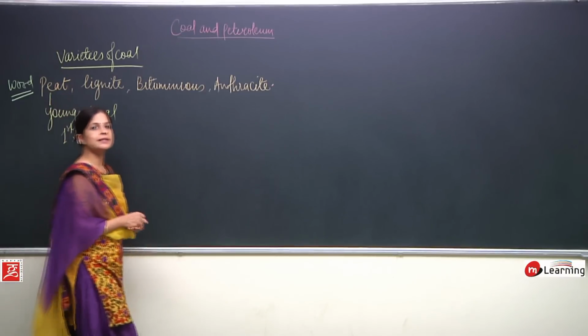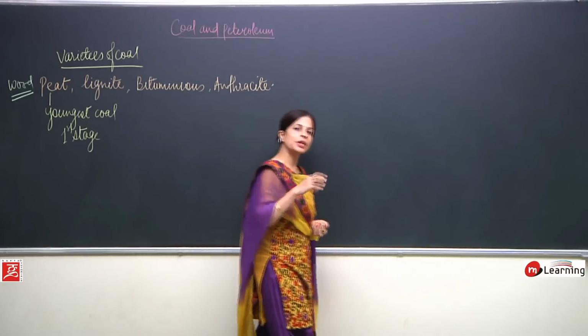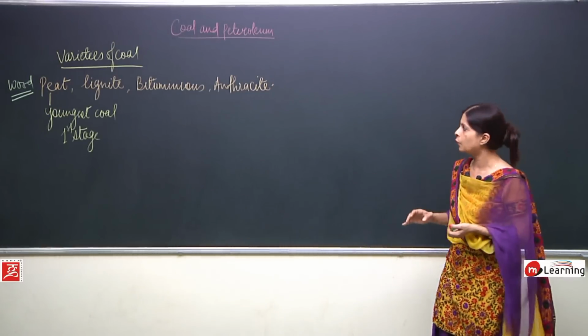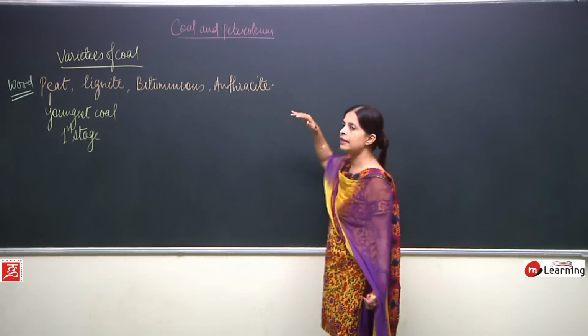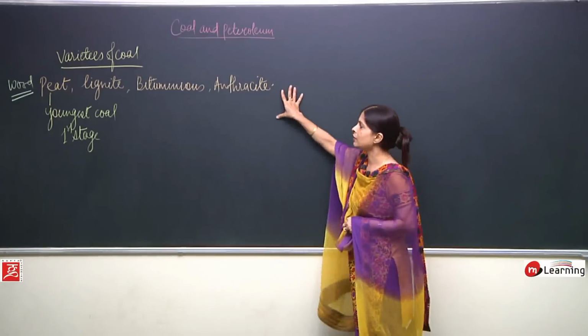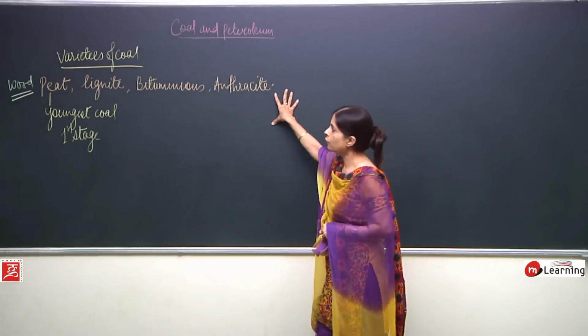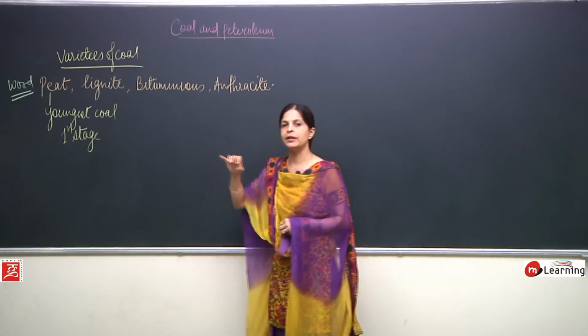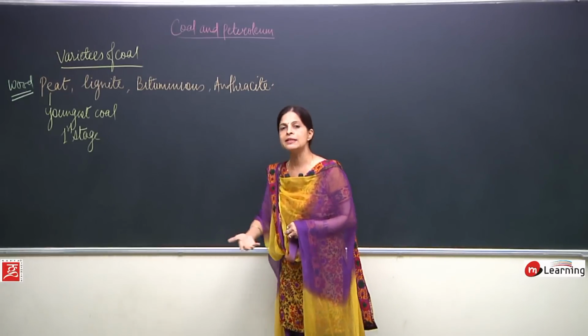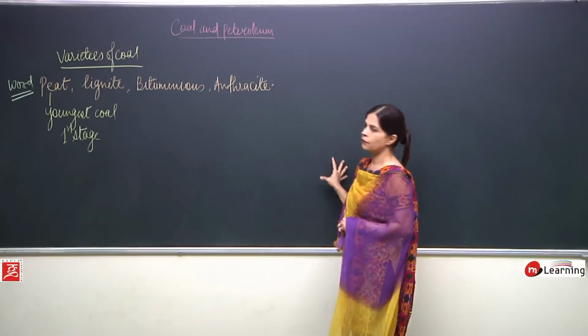So peat is the youngest stage. It is the first step when we talk about the formation of coal. These are the stages of formation of anthracite coal. First wood gets converted into peat, peat gets converted into lignite, then bituminous, and then anthracite coal is formed.